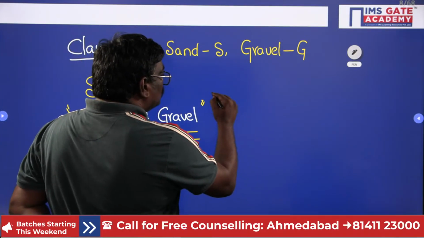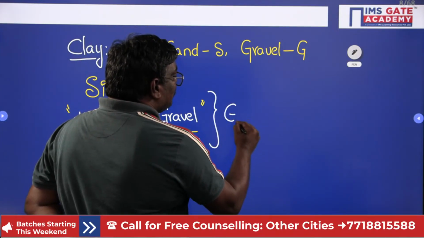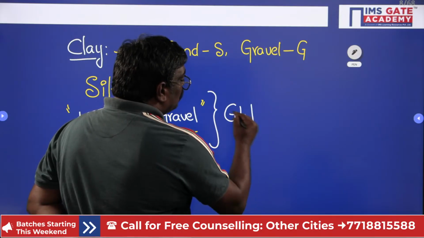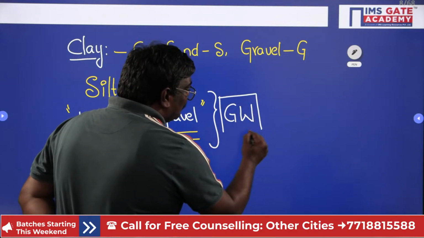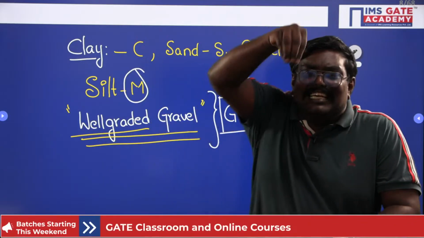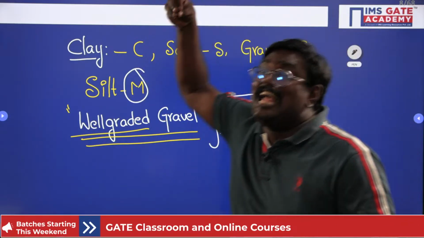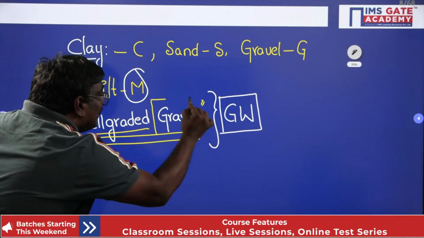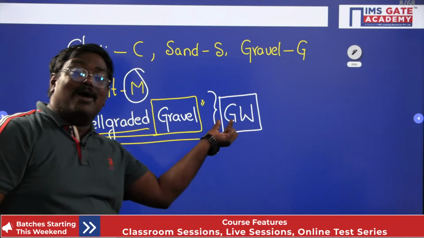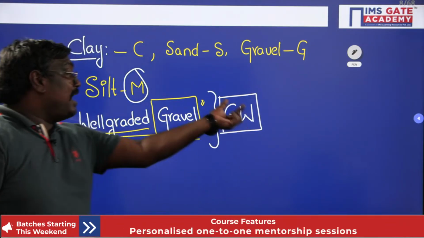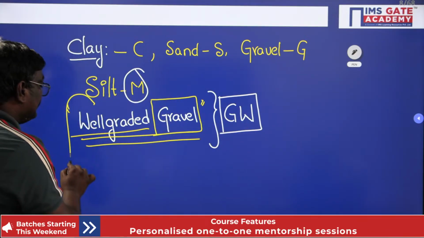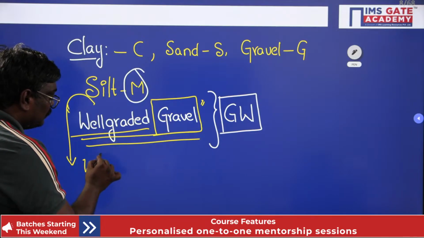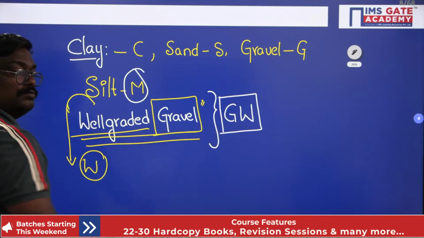So, well-graded gravel is represented by GW. Now, first see the logic here. What is the type of the soil here? The type of the soil is gravel, so you name gravel with G. Well-graded is represented by W. So it is GW. Agree?